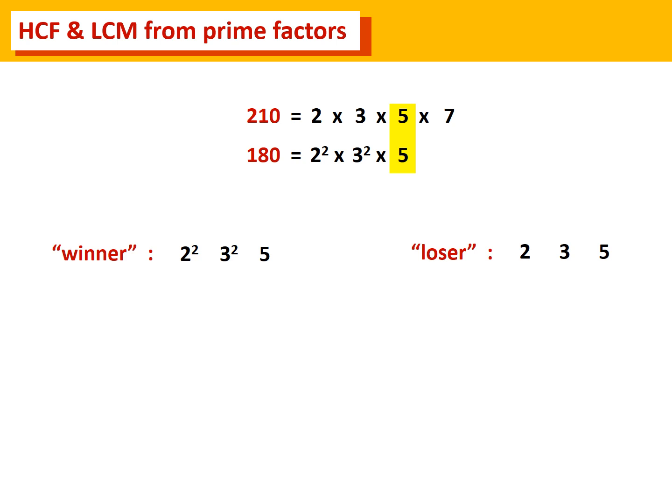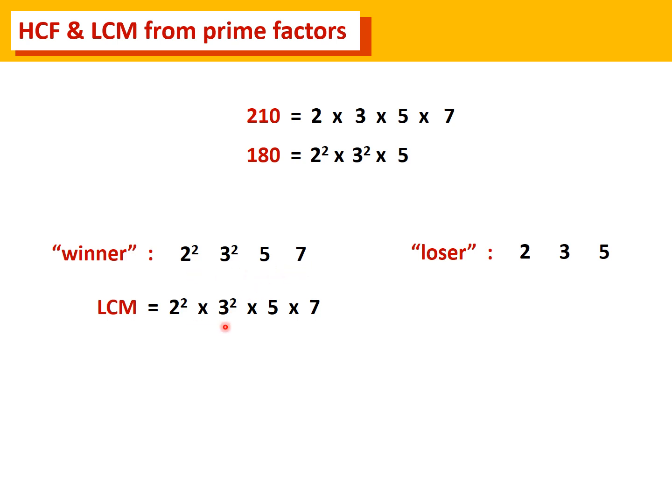So we put a 5 in the winners list and a 5 in the losers list. And then finally, our very last prime factor is 7. Now in 210, 7 doesn't have anything to compete against with 180, so 7 is automatically a winner. Now when we have our list of winners and losers, the lowest common multiple is the winners list multiplied together. So in our winners list, we have 2 squared, 3 squared, 5 and 7.